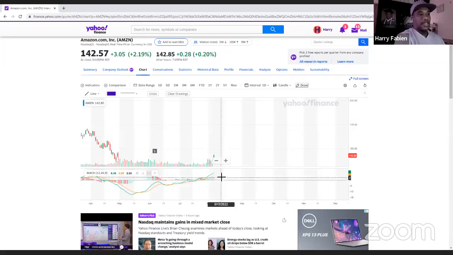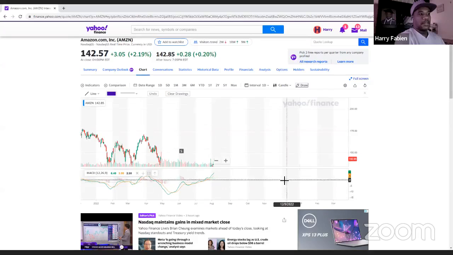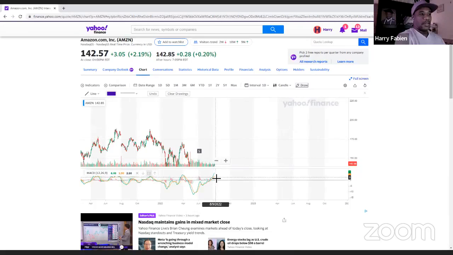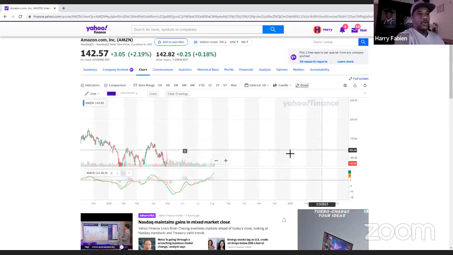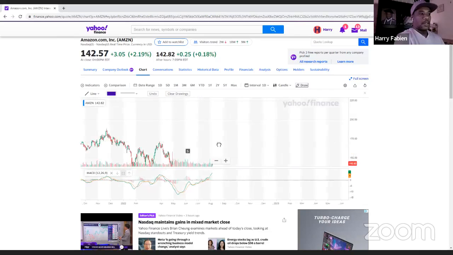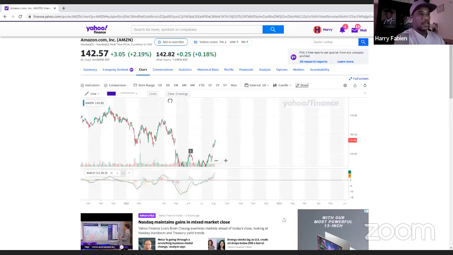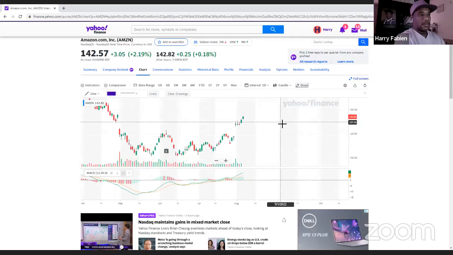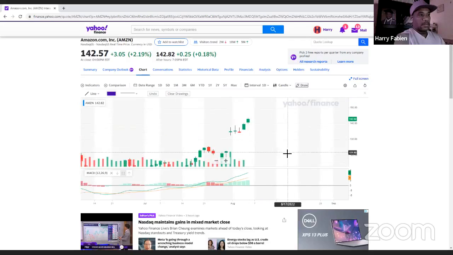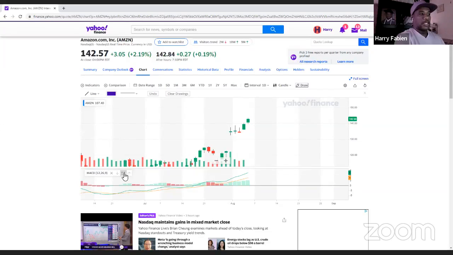See, it's green. Very nice. Stock was green today and during the week. And the stochastic, we put it down so we can see the stochastic.